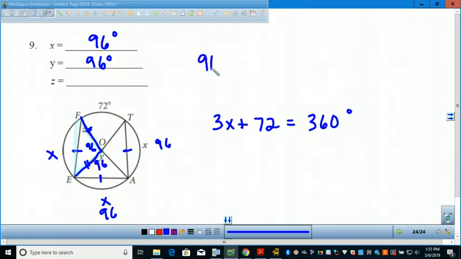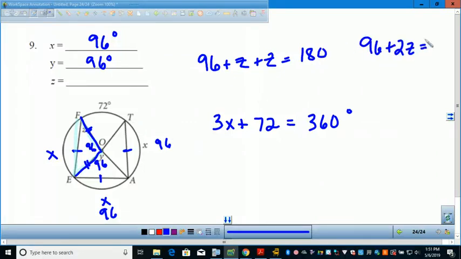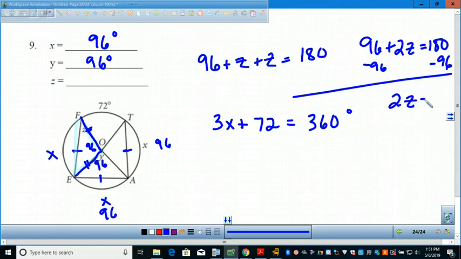So you're going to get 96 plus Z equals 180. So go ahead and solve for Z. So I'm getting 42.